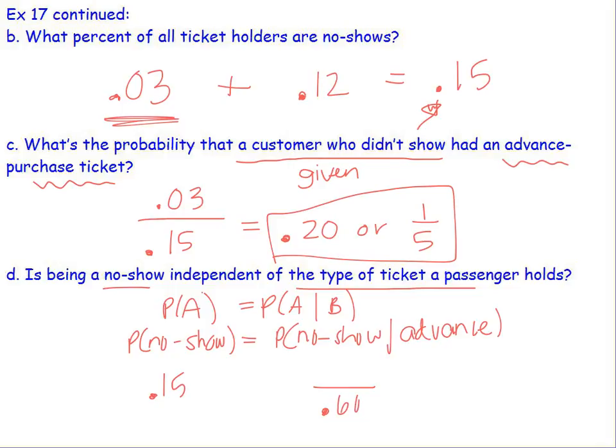Then out of the advanced people, the numerator is advanced and they didn't show, which was the 0.03. 0.03 divided by 0.60 comes out to be 0.05. And so are those two numbers equal? They're absolutely not equal, which means these are not independent.